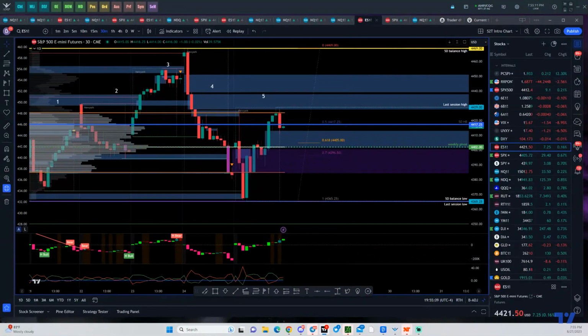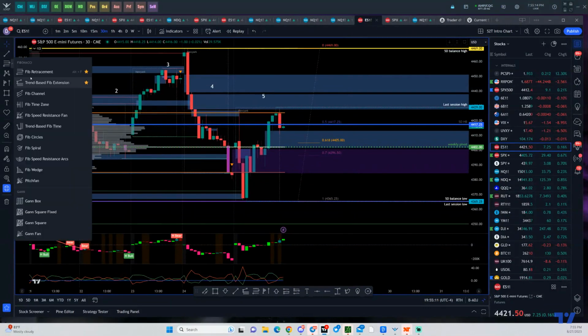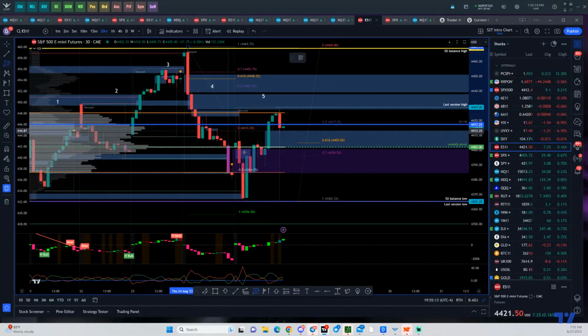If you trade Fibs, obviously you take a Fibonacci here from the top to the bottom, and you can see that we hit the 61.8 on Friday, and right now we're trading at 21.75, which is a little lower from that area.